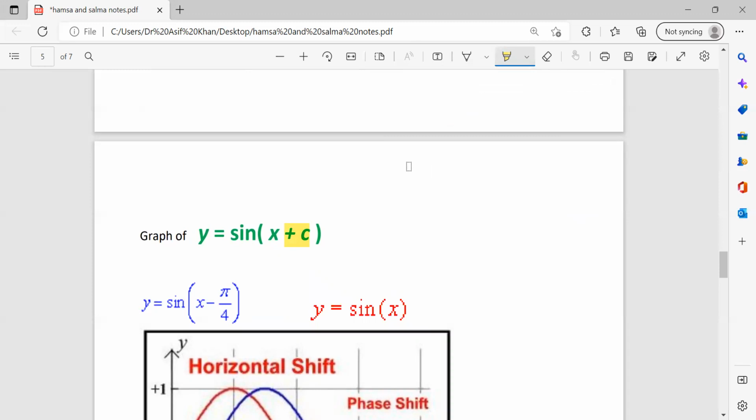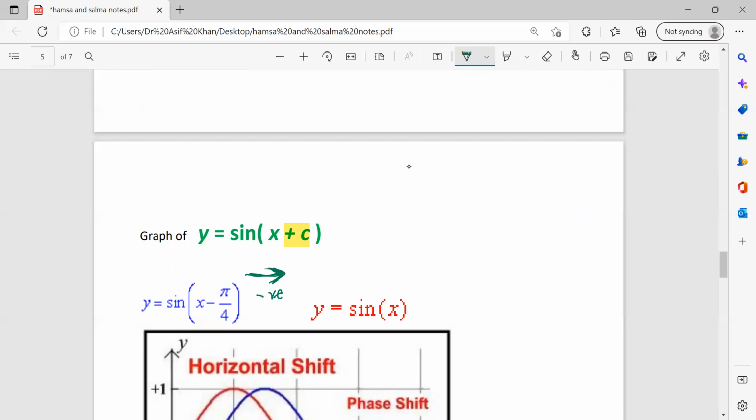So if any angle is added or subtracted, what will happen? One very important point where students often get confused: whenever it is minus, it will move on this side. And if it is positive, then it will move backside.